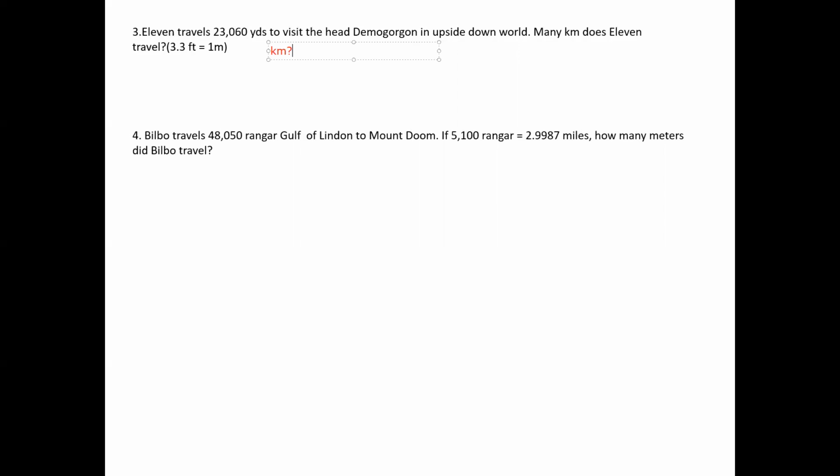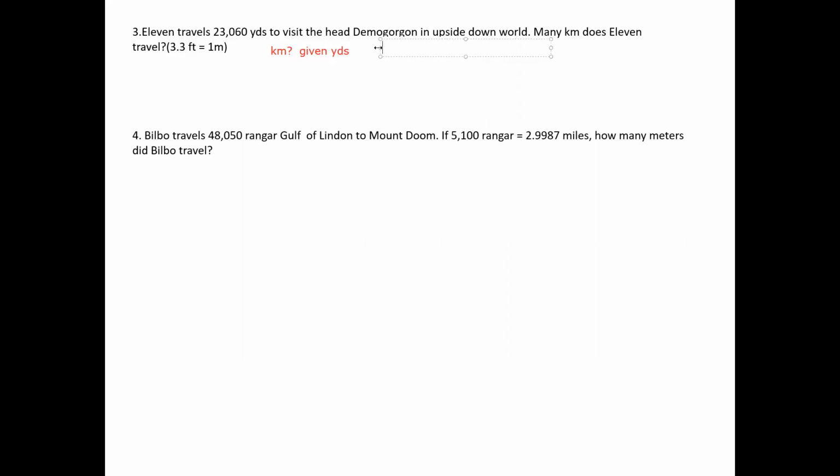So how many kilometers did 11 travel? And we're given yards. So somehow we have to go from yards to kilometers. And we're given how many feet are in 1 meter. So this is how we transition from the English world to the metric world.